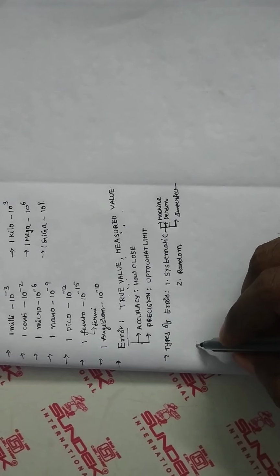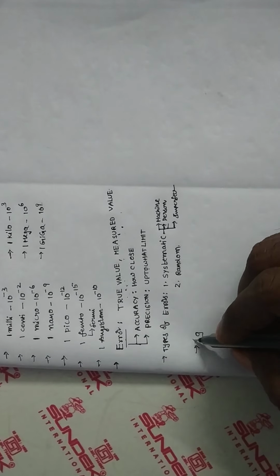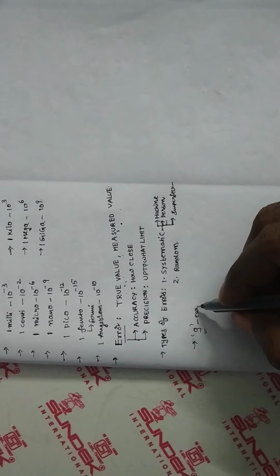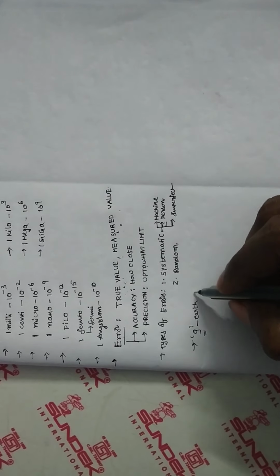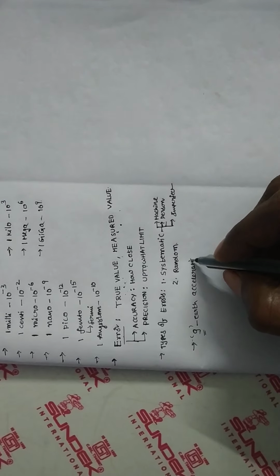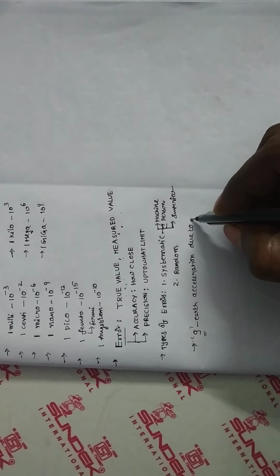Next, while calculating a measurement, for example, I want to calculate the value of g. G is called what? Earth acceleration due to gravity.